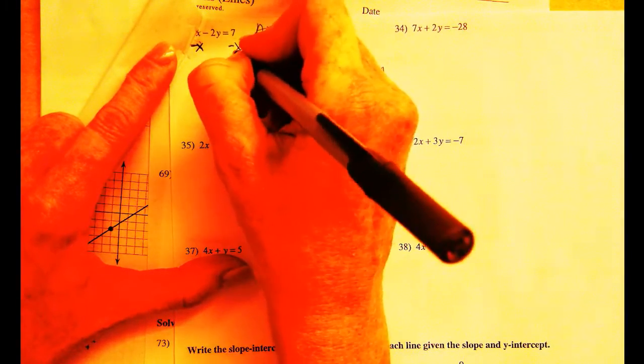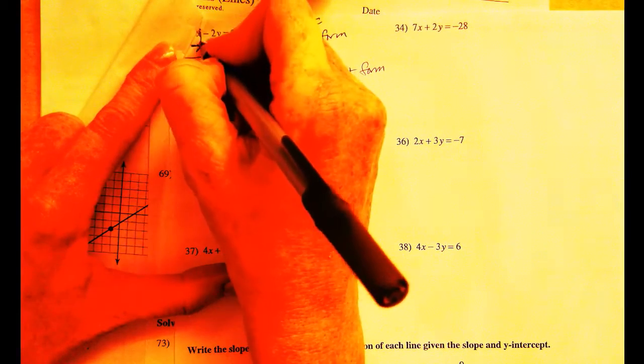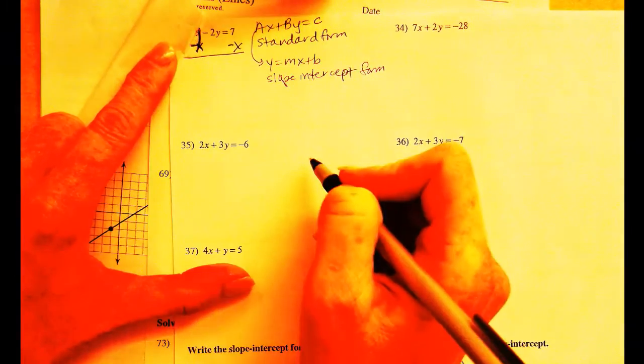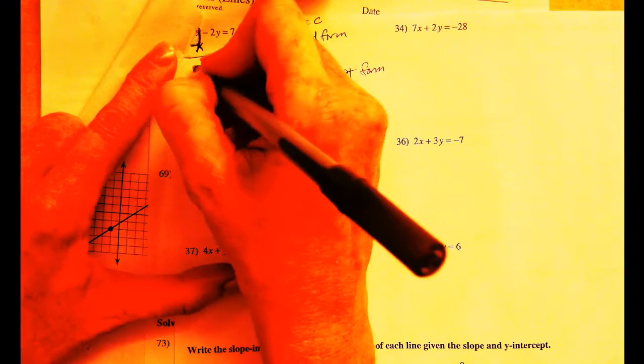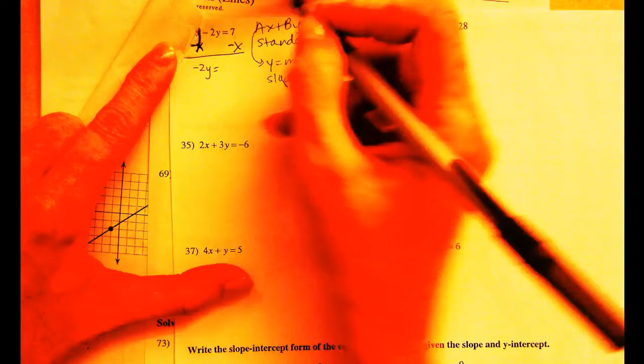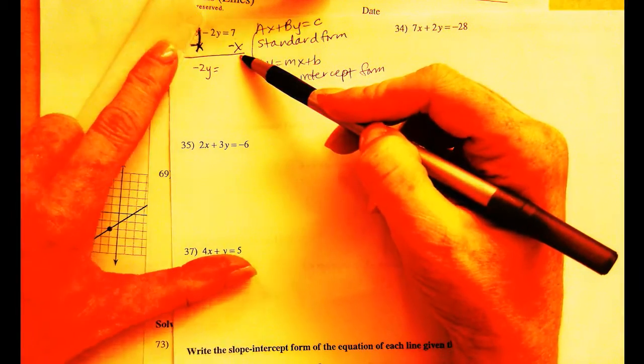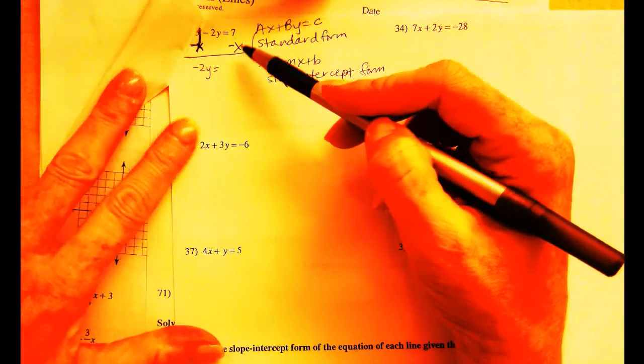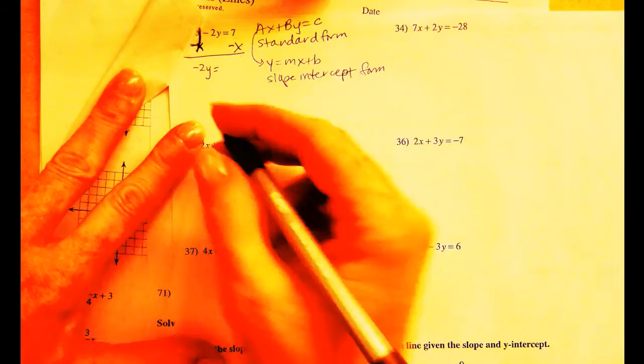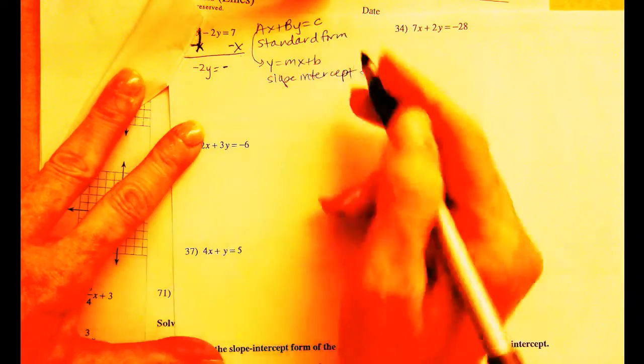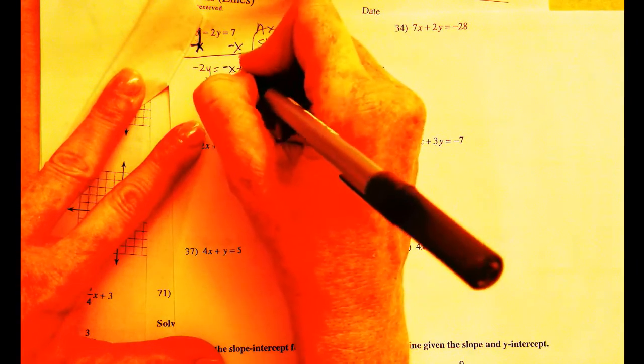And we know whatever we do to one side, we need to do to both. So by subtracting it, we get x minus x, that's gone. We then have negative 2y on the left. We have 7 minus x. Those cannot be combined. They're not like terms. One has a variable, the other's a constant. So negative 2y equals negative x plus 7.